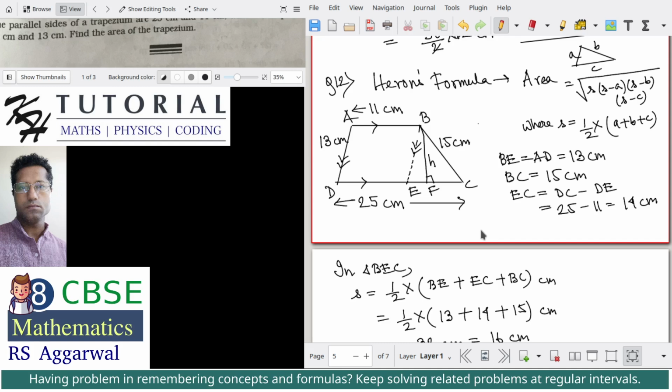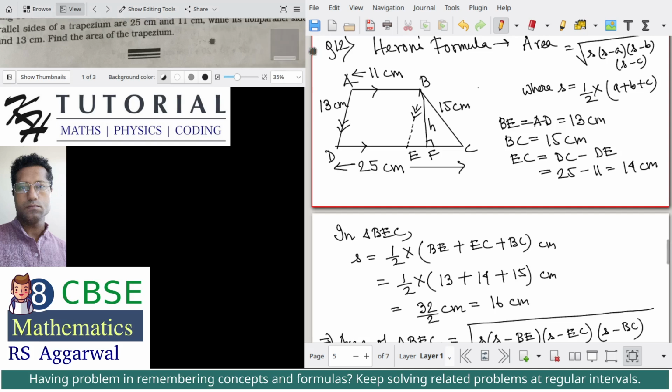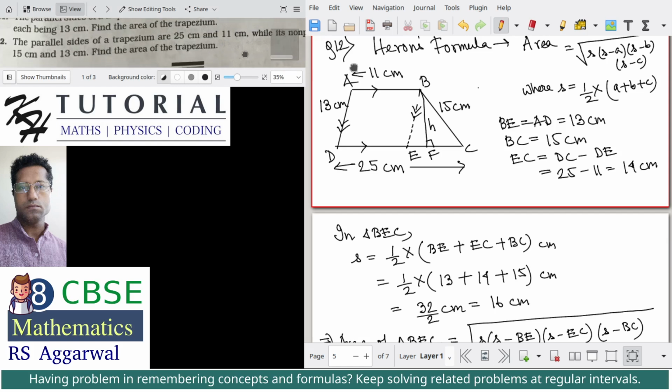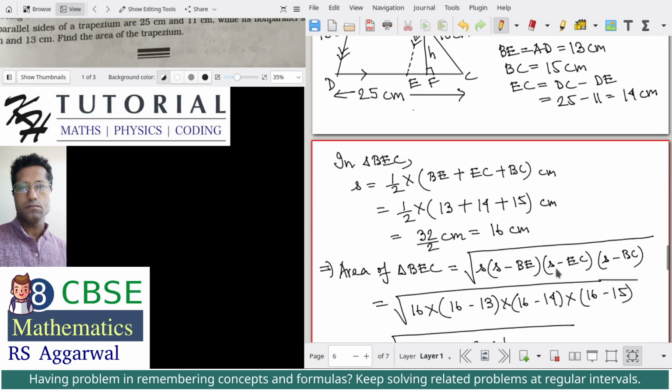So the semi perimeter S will be half of BE plus EC plus BC. BE is 13 centimeter, EC is 14 centimeter, and BC is 15 centimeter. So this is equal to 13 plus 14 plus 15. 13 plus 14 is 27, 27 plus 15 is 42. So this is where I made the mistake.